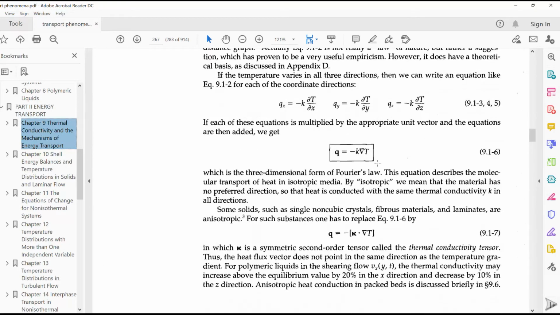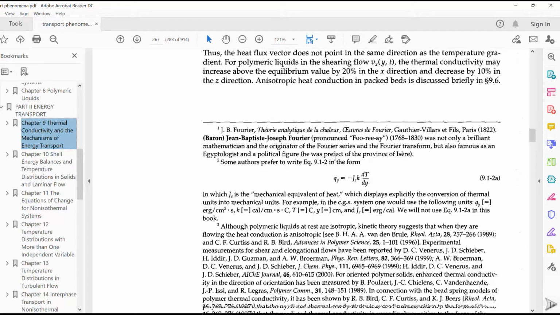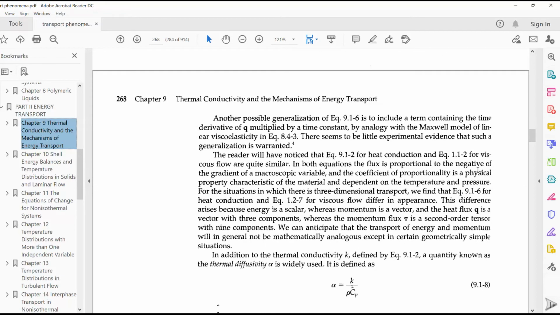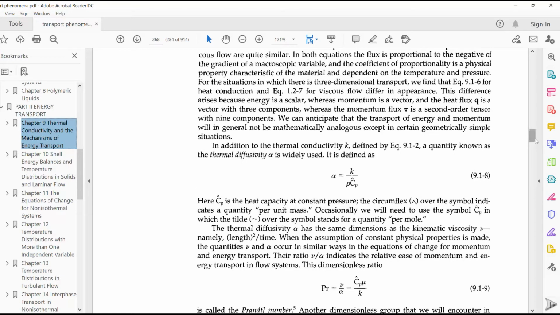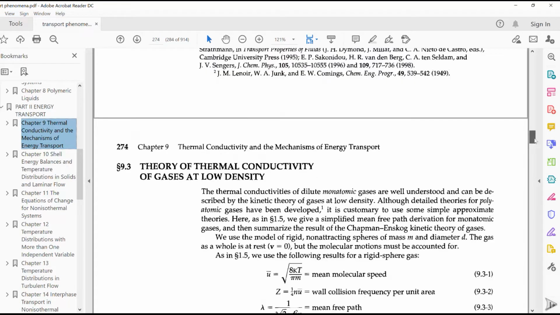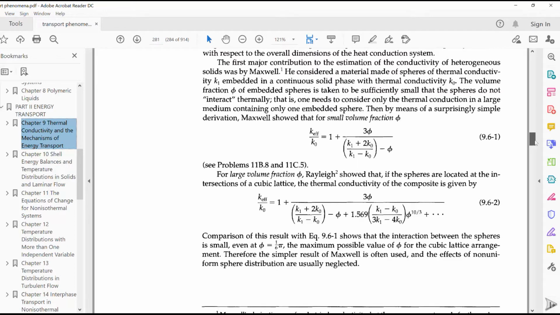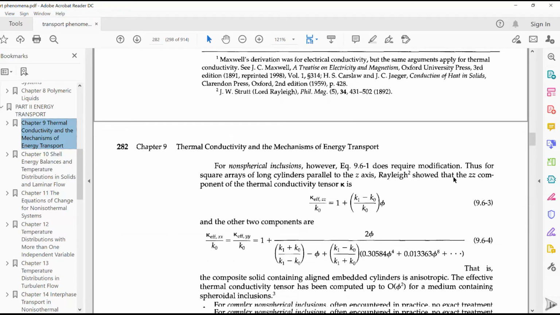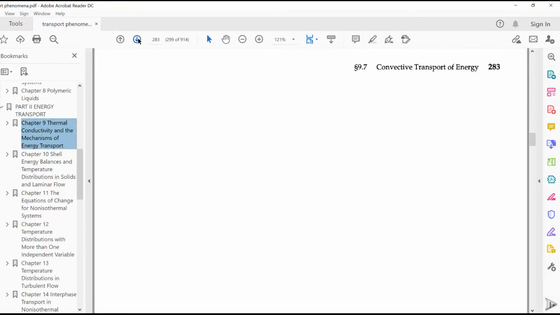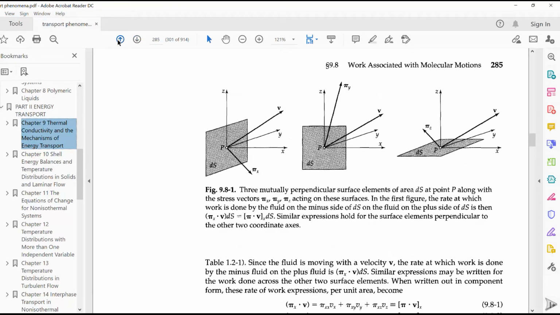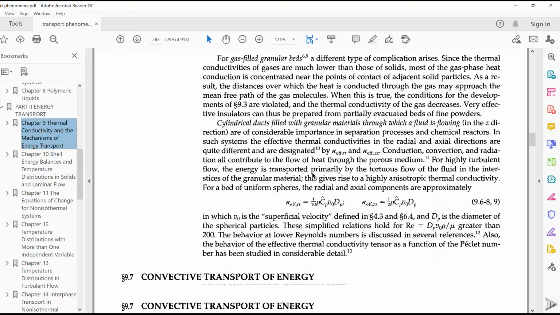Then we end up with the conductivity in tensor form. Later in this chapter, in the energy section, we again define the convective energy transport, similar to momentum.